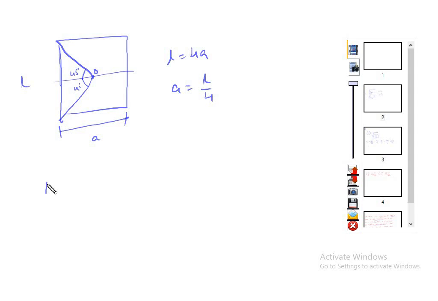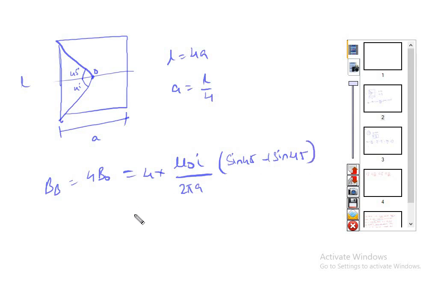The magnetic field BB is equal to 4 times B naught. Why? Sides are 4. So it can be written as 4 into B naught, which is mu naught I by 2 pi A into sin 45 plus sin 45. So I hope it is clear.